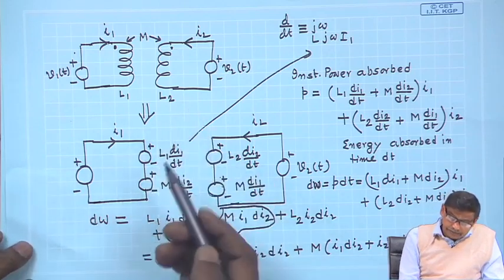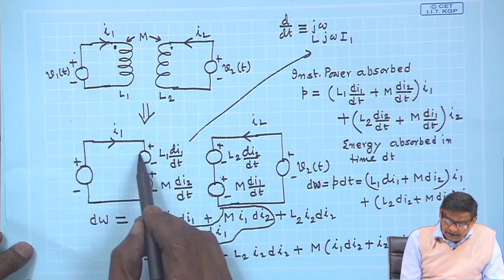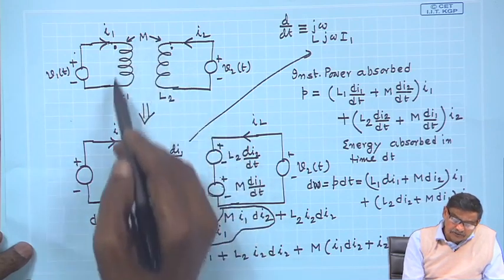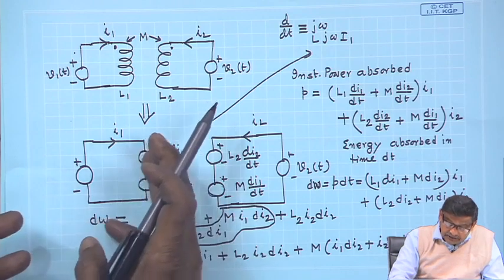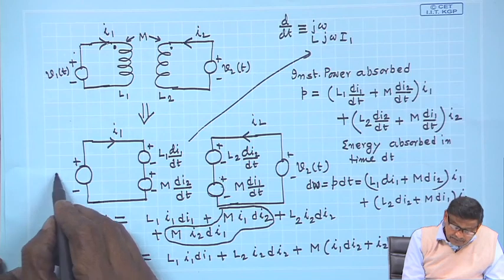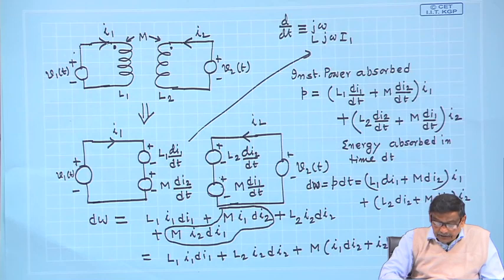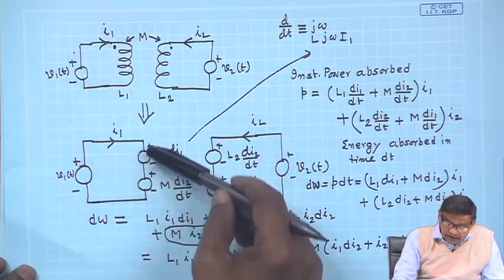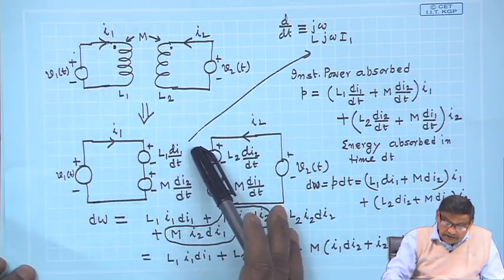And how to get that? Whenever a coil is there, it can be represented by 2 sources. After all, flux linking is also taking place in the coil, N d phi dt. So, some voltage is induced in the coil. This voltage is being balanced by the supply voltage, that is the thing. But when it is mutually coupled coils, I1 wherever it is entering, irrespective of the dot, plus will be on the side where I1 is entering, that we know, L1 dI1 dt.